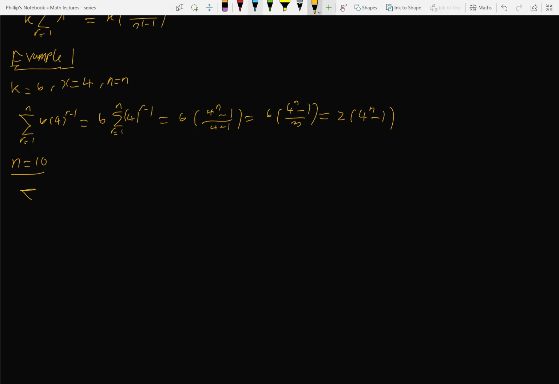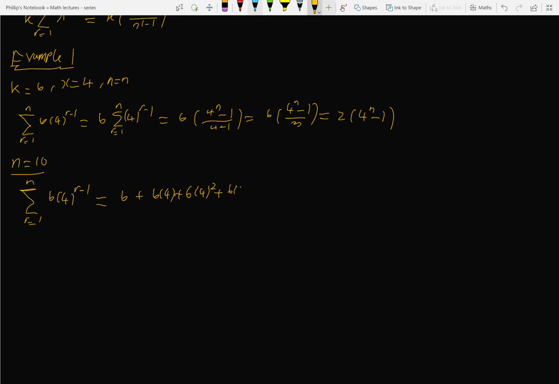So if I'm going to do the sum from r is equal to 1 to n of 6 times, without simplifying it, let's just give it in its general form. Naively, this is going to be 6 plus 6 times 4. I'm going to write it out in full. It's going to take me a while just to show you everything.